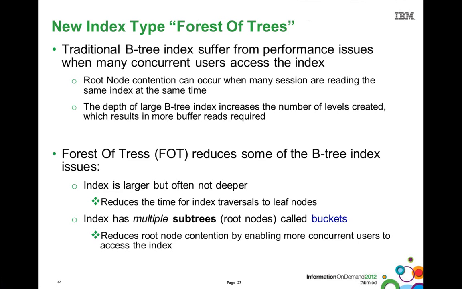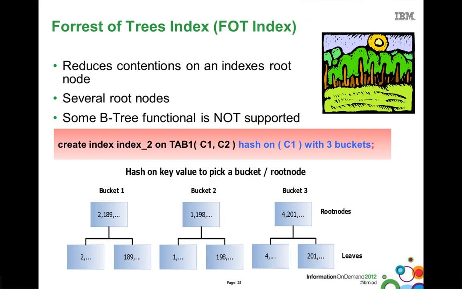Let's take a look at what that index would look like. We create an index just like we would, but we have new syntax in blue which says hash on. It could be a single column, it could be a group of columns, and then we create it with buckets. We could say 3, we could say 100, whatever number of buckets.